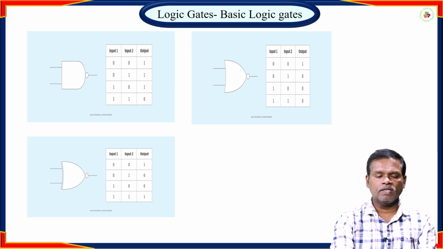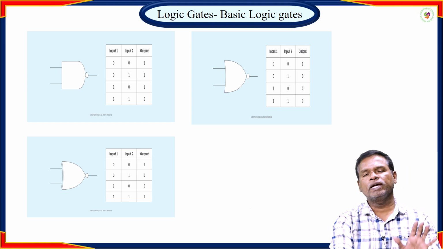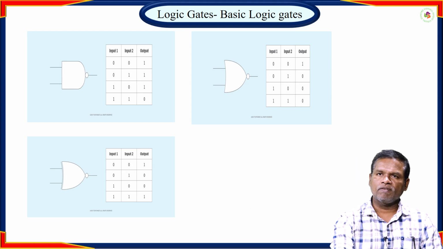That's why in the symbol we add a bubble at the output. So when both inputs are 0, output is 1, and when both inputs are 1, output is also 1. When inputs are different, we get output as 0. So this is about the basic gates, their symbols and truth tables.